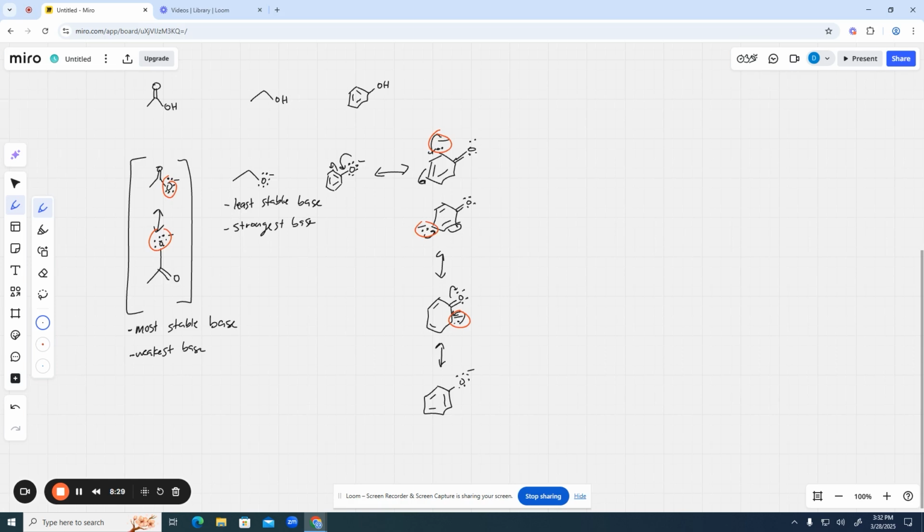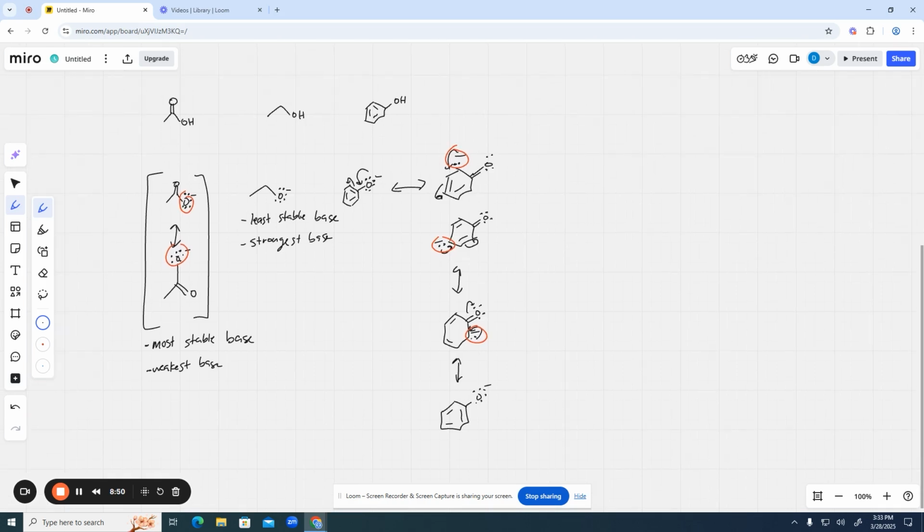Okay, so if we know which one is our most stable base and our least stable base, we know which one is our weakest base and our strongest base. That means we know which one's our strongest acid and our weakest acid. Because remember, a weak conjugate base is going to be a strong acid.